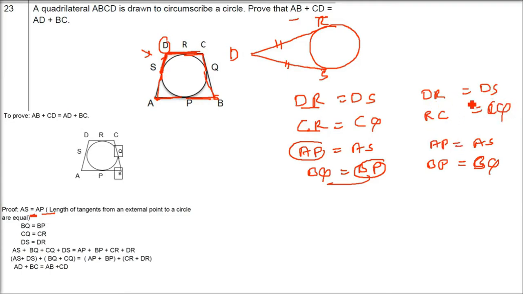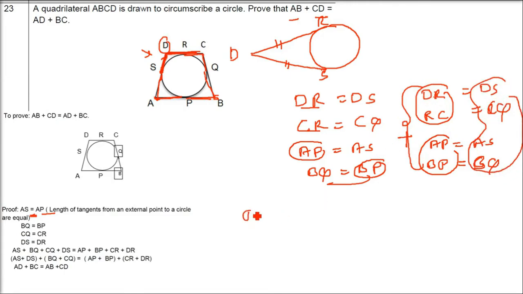Now we'll add the left hand side of all the 4 equations and the right hand side of all the 4 equations. So DR plus RC and AP plus PB equals DS plus AS.